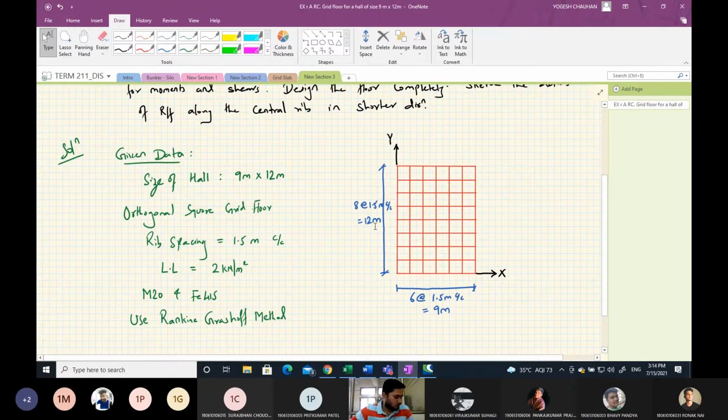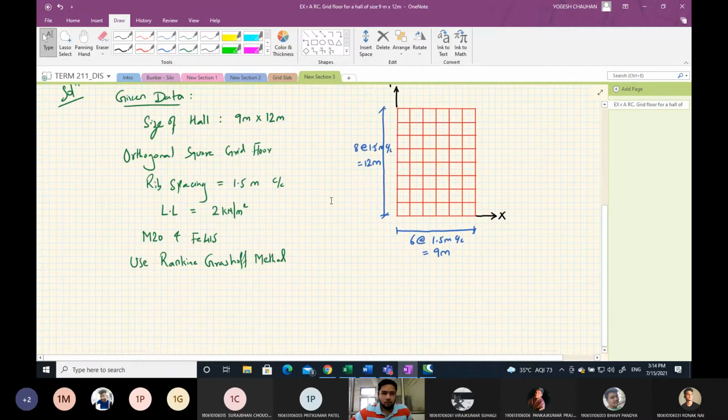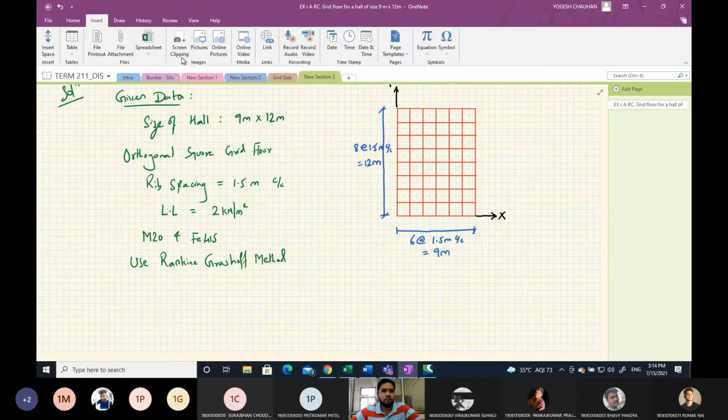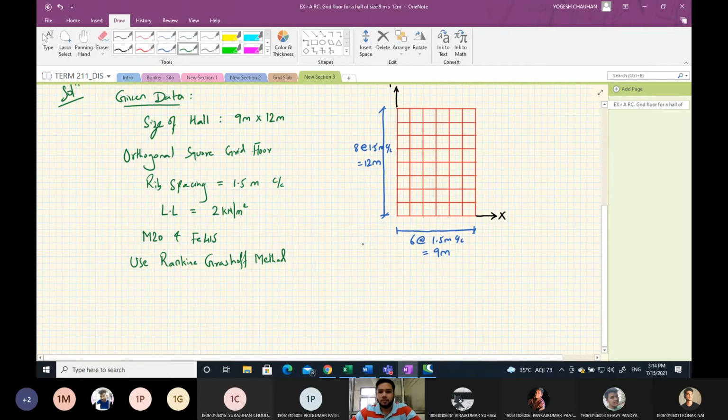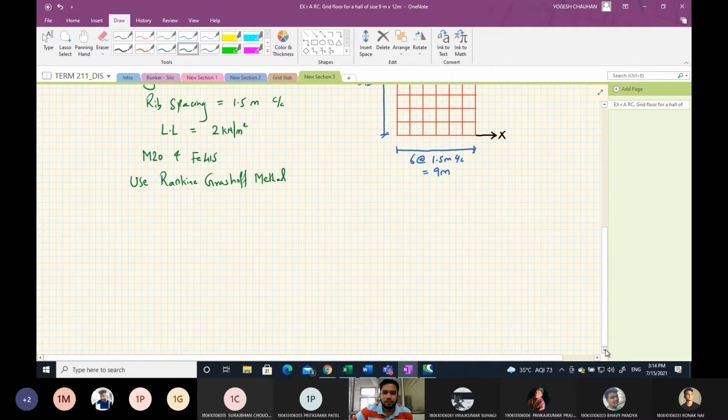Now, the first step would be to design the topping slab. Same as we designed in the earlier example, here also we'll design the topping slab.